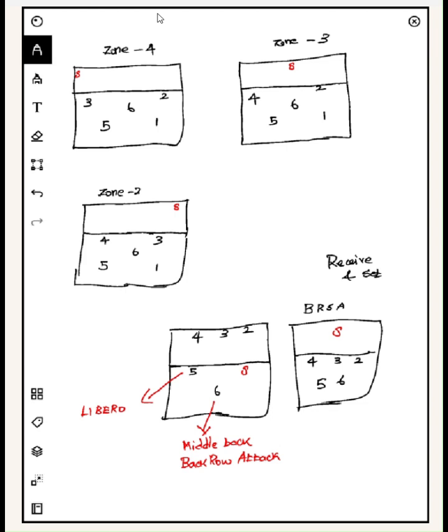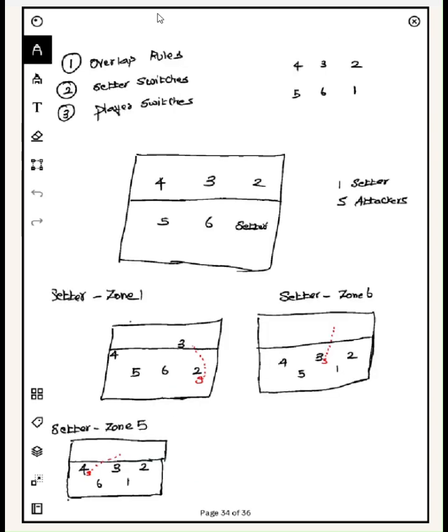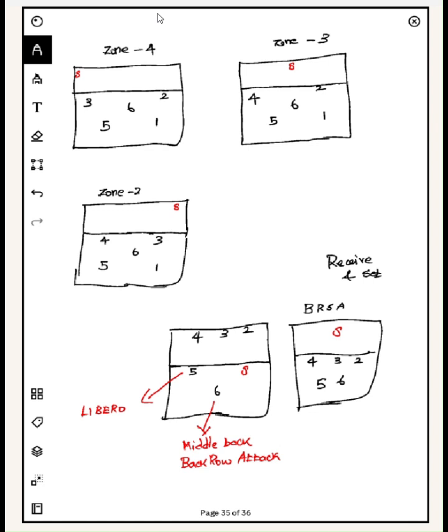And again, there is one other thing that I don't want to add more here. Another thing is player switches. One quick example I can give with player switches: say you are standing in 4-3-2, this is the position, right?